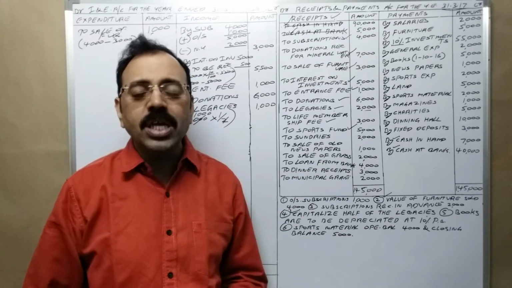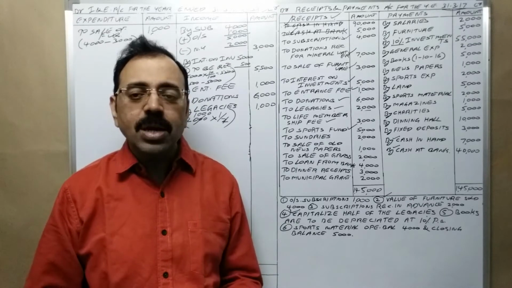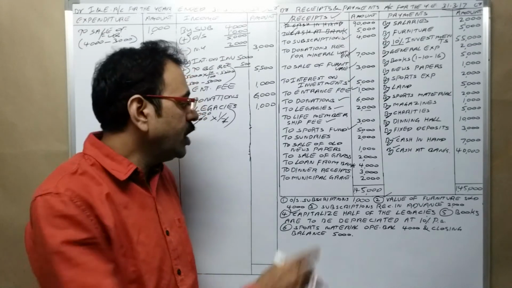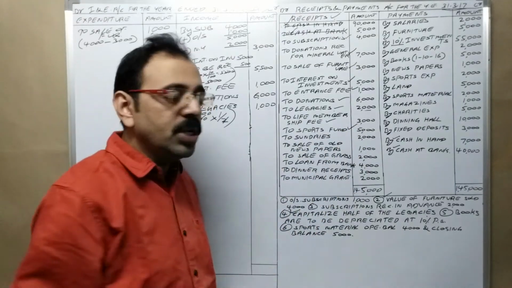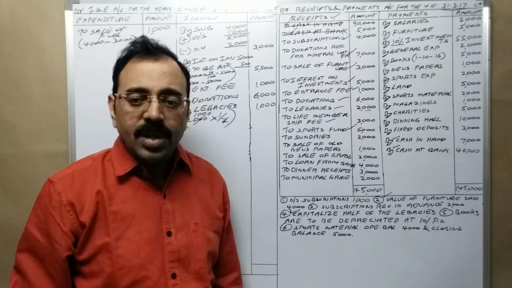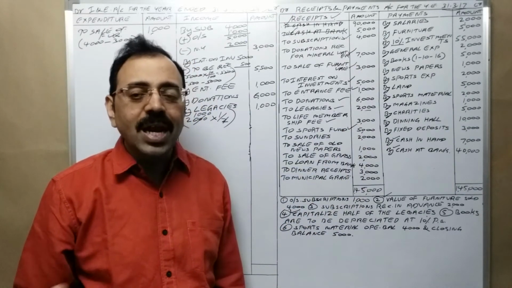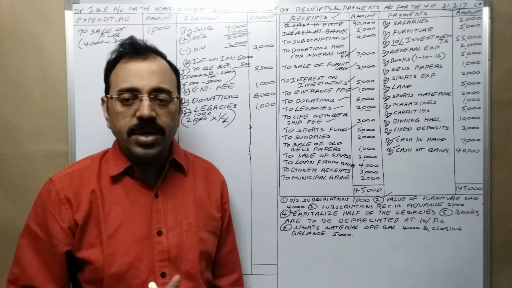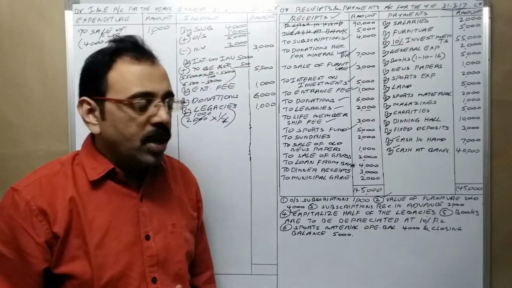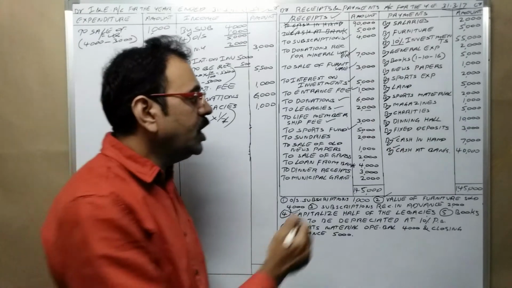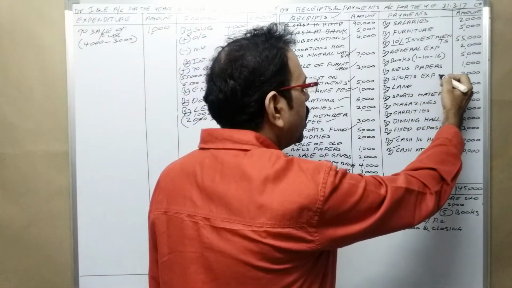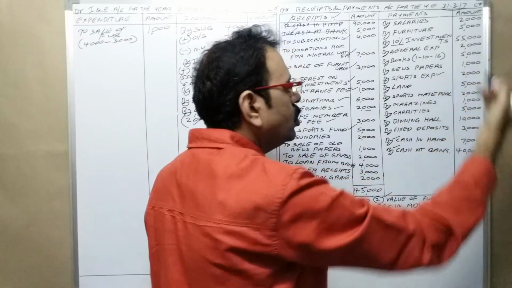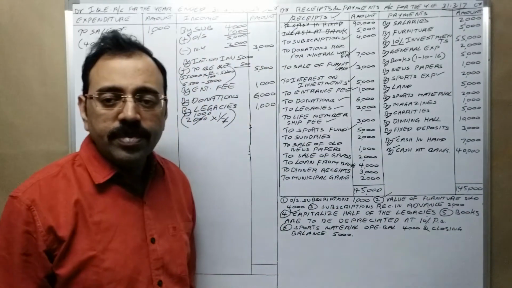To meet that sports expenditure, they saved some amount. How much money they saved? 5,000 rupees. Fund always comes on the liability side, so ignore it here. And regarding the fund, there is one credit item also, sports expenditure.